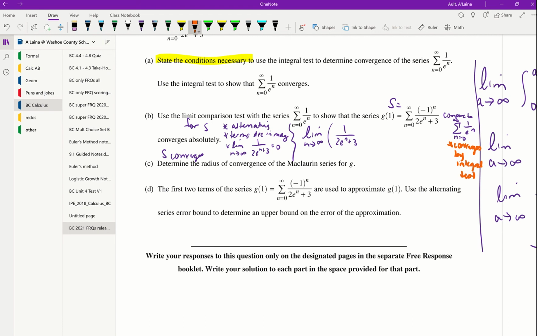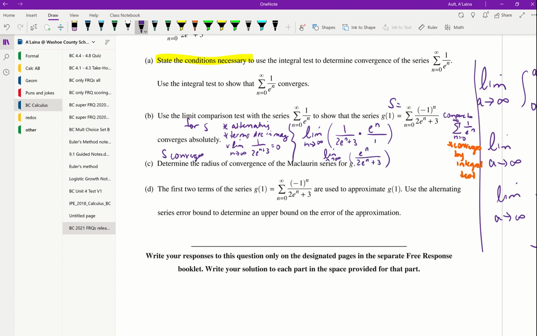Okay, but when you're using a comparison test, you've got to know what's happening with the one you're comparing it to. Now I want to divide by the one I'm comparing it to, so instead I'll multiply by its reciprocal. So this would be the limit as n approaches infinity of e to the n over 2e to the n plus 3.